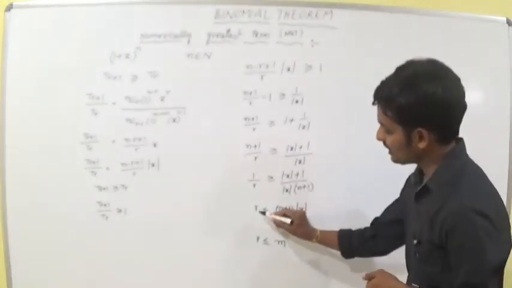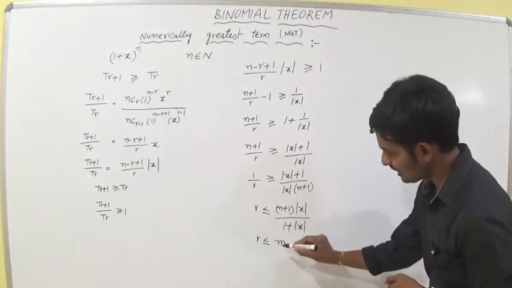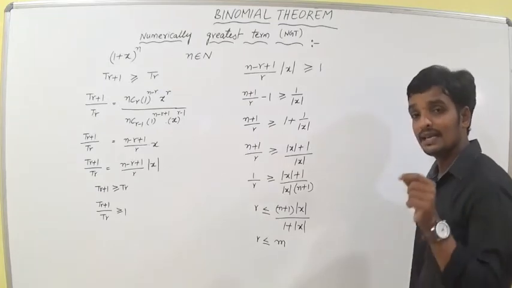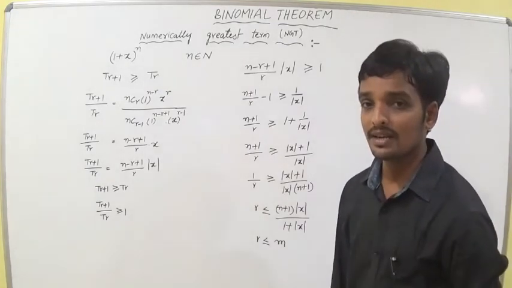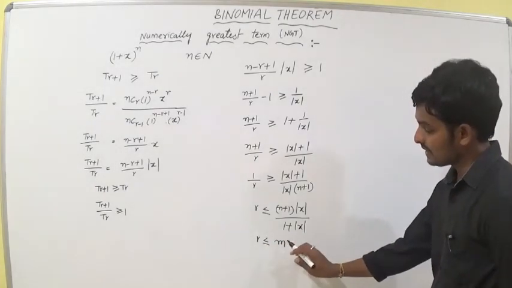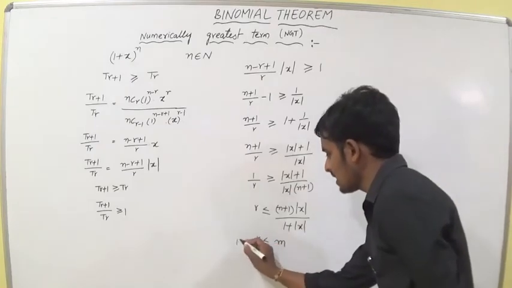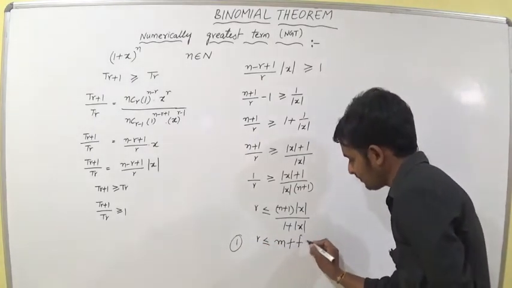Sometimes we are getting r less than or equal to m. Here m is either an integer or not. In one of the cases, r is less than or equal to m plus f.